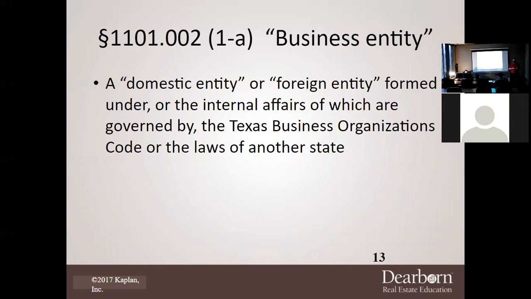And Nobles Realty Group is who? A business entity. Now, I am the officer, the designated broker of said entity, but ultimately you are sponsored by who? Nobles Realty Group. You work for Keller Williams. That's a business entity. Okay, you are sponsored by Keller Williams.